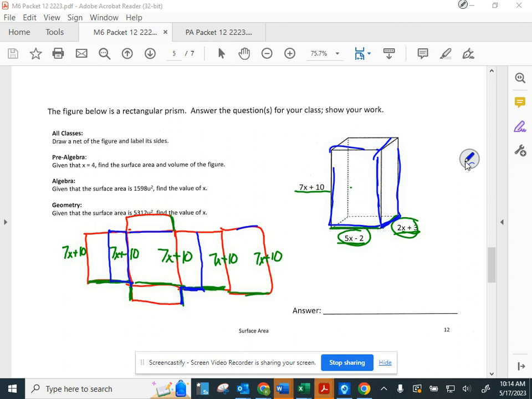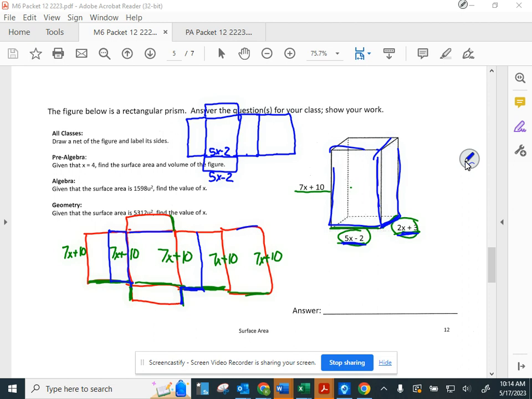So you're going to put the 2x plus 3, so I'm going to draw it again up here so it's drawn a little bit better. If I have my top, and then a side, and then I have my bottom. See how they're different sizes? And then the short side and the short side. So now I can see they're not all the same size. This one is going to go here.